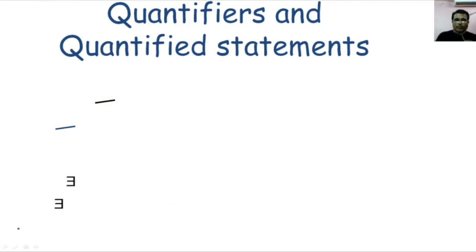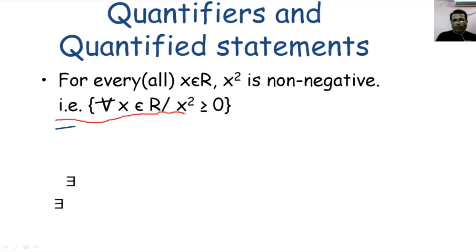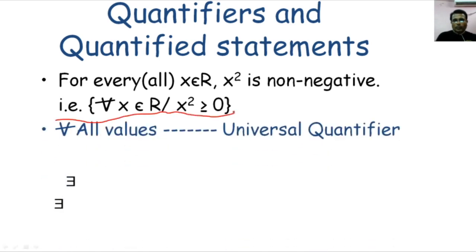Next concept is quantifiers and quantified statements. For understanding this concept, consider: for all x belongs to R, x square is non-negative. We know that this is a valid statement. We can write this in symbolic form as: for all x belongs to R, x square is greater than or equal to 0.